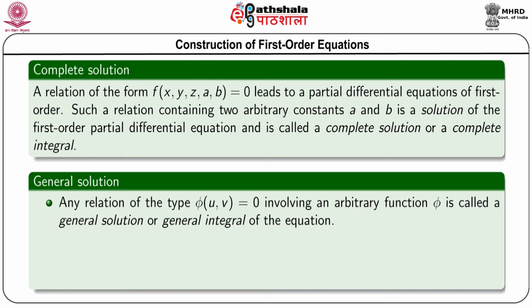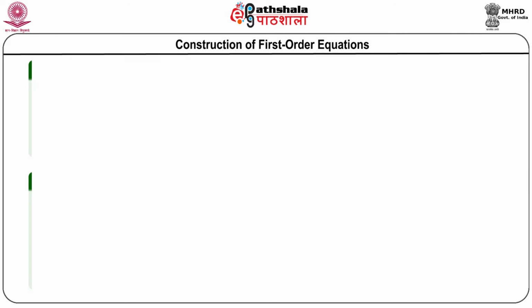We have also shown that by eliminating an arbitrary function phi(u, v) equals 0, we can get a first order differential equation. Therefore, a solution of the type phi(u, v) equals 0 is called a general solution of the given equation.